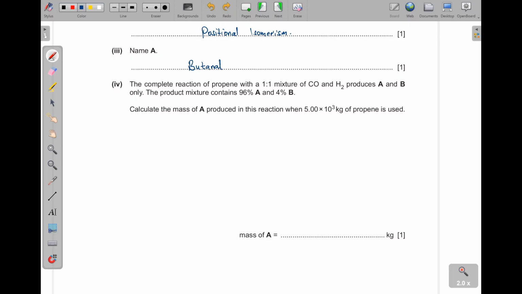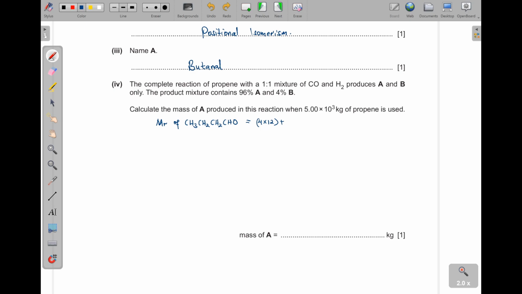Number 1, you need to get the MR, okay? Let's begin with the MR of butanal. So butanal is CH3CH2CH2CHO. There are 4 carbons, so 4 times 12, and then plus hydrogens, how many are they? 3, 5, 7, 8.